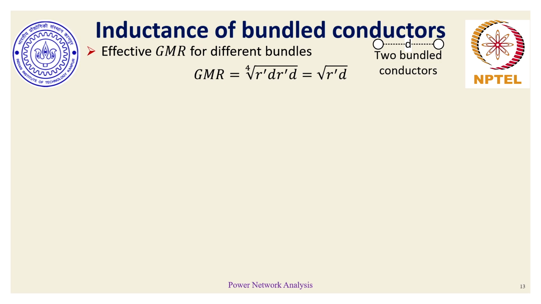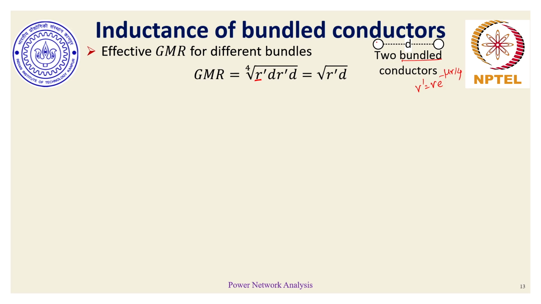So for a bundled arrangement, if I have a phase consisting of two composite conductors, that is, in one bundle there are two composite conductors, and each conductor has a self radius of r dash, where r dash is r into e to the power minus mu r by 4, then the GMR is nothing but the fourth root of all four distances that can come in. Remember, GMR is the geometric mean of all possible center to center distances within one composite arrangement.